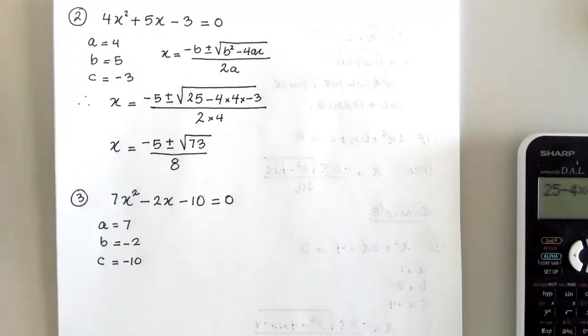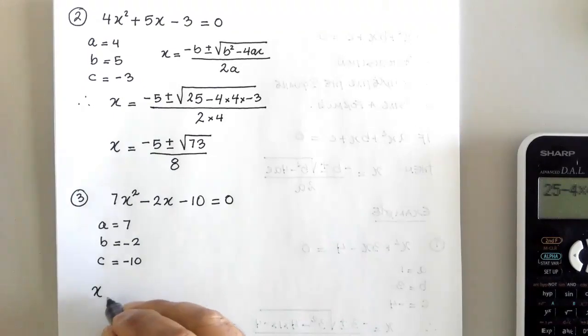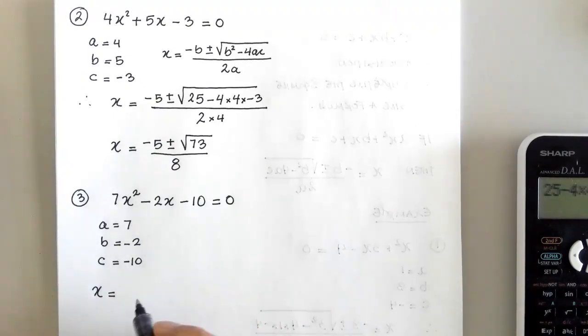We're gonna use the formula, so x is equal to, and what you should do is put this line straight away in front of the equal.